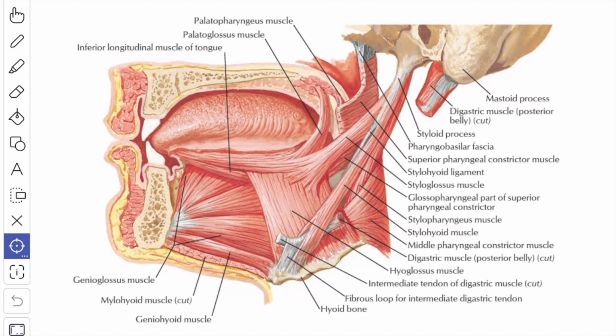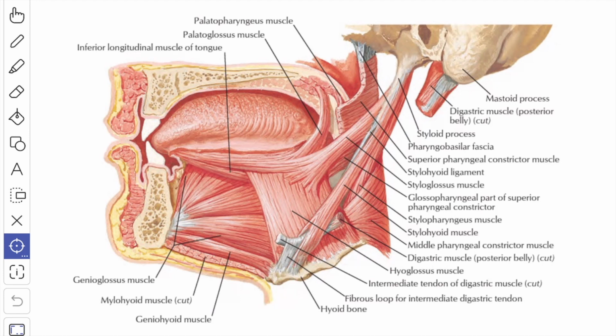Next, we'll see about the hyoglossus muscle. So, this is a hyoglossus muscle. It is a quadrilateral muscle, arises from the upper surface of the greater cornu and also partly from the body of the hyoid bone.